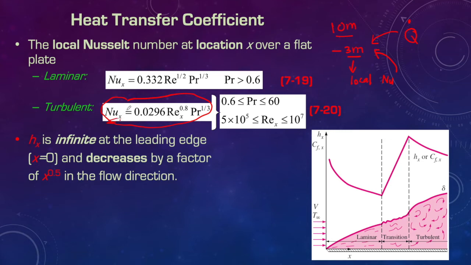And if the Reynolds number at L is lower than the critical Reynolds number, you have to substitute into the laminar flow equation.